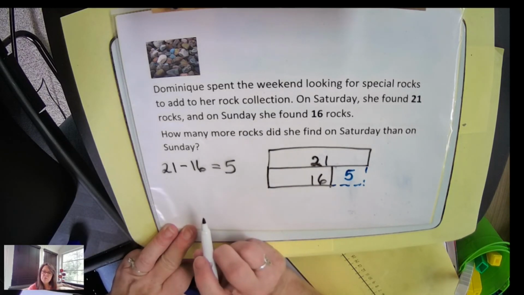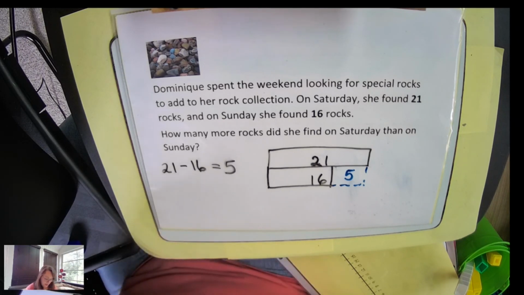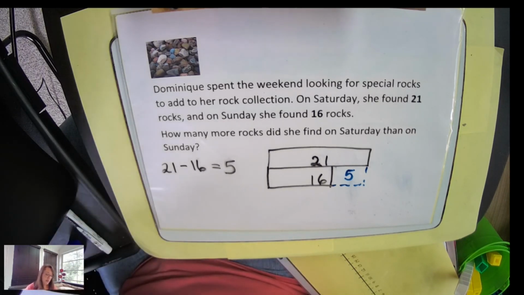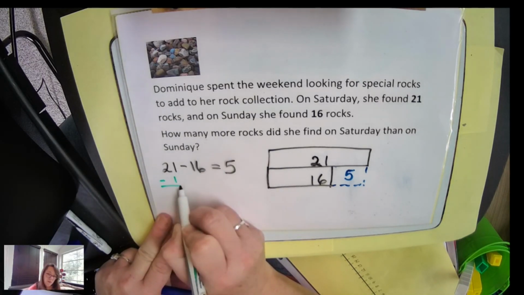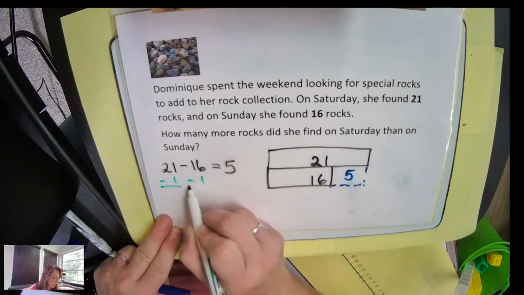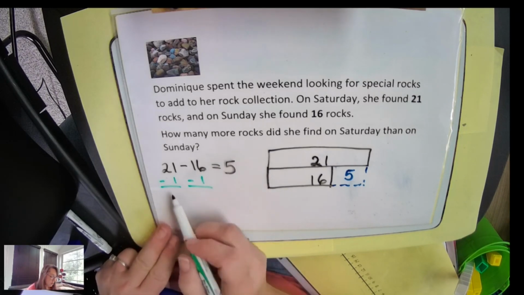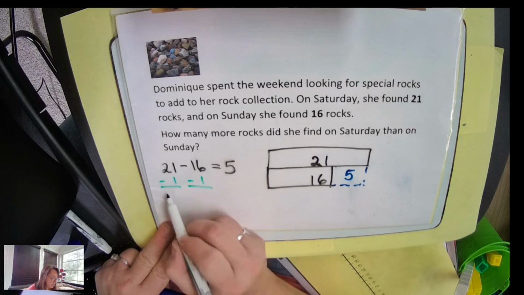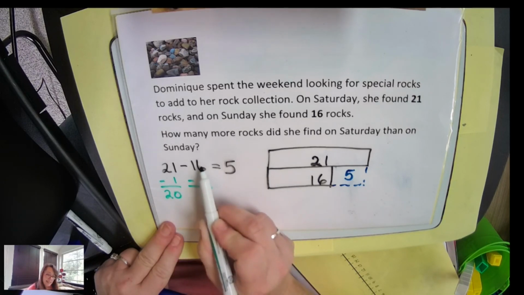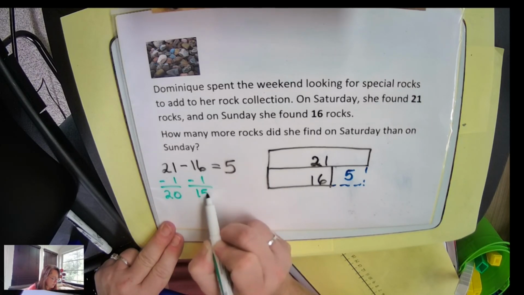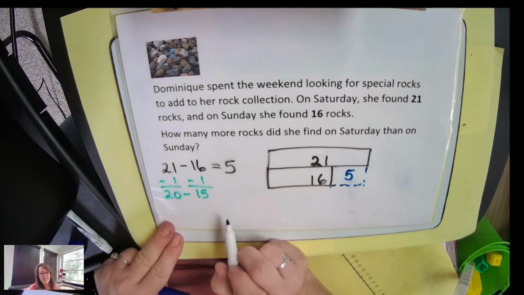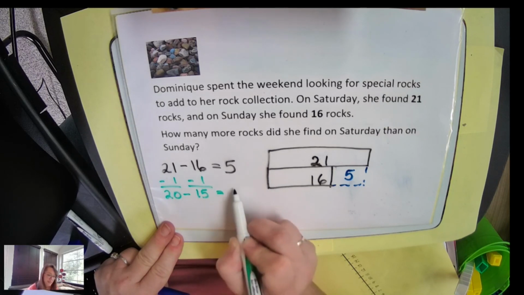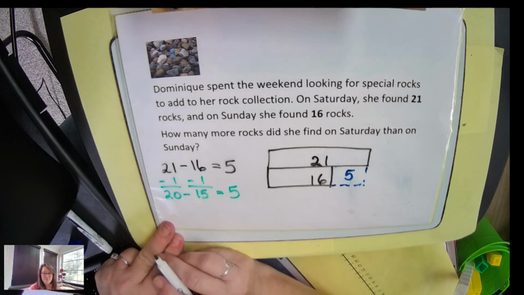Okay, tell us more. All right, so to make this a friendlier problem, Daniel subtracted 1 from each of the numbers. So 21 minus 1 is 20. And 16 minus 1 is 15. So 20 minus 15, we already know, is 5.